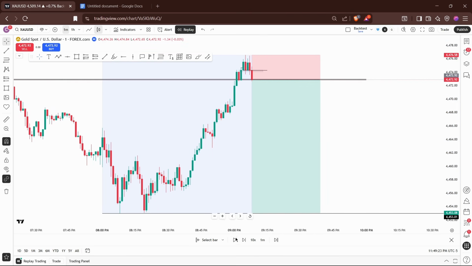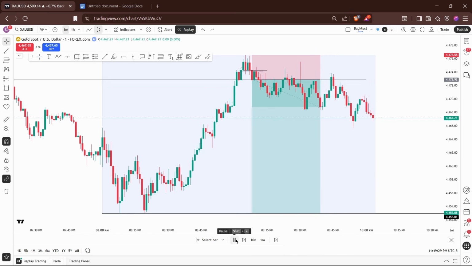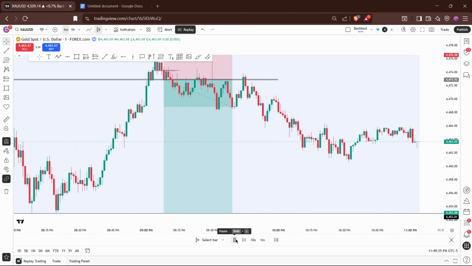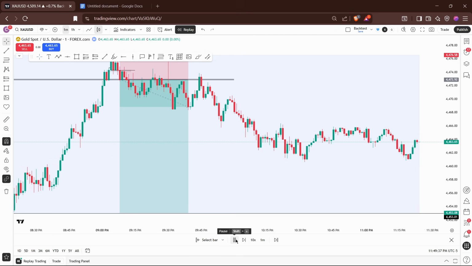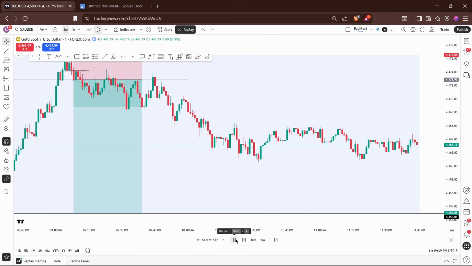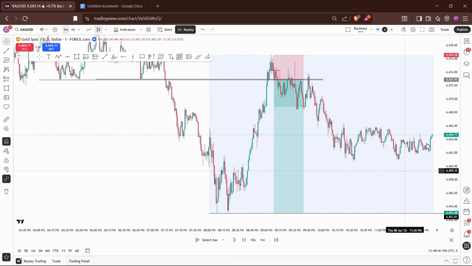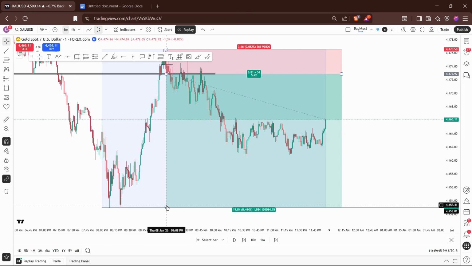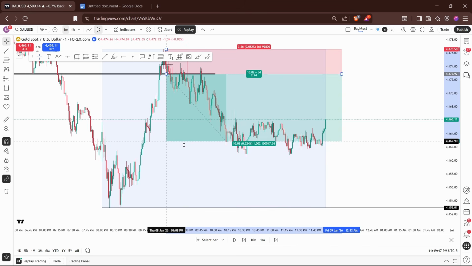Let's see. Our target will be like this. But if you want to close at 50% or 1:3 or 1:2, you can close here.